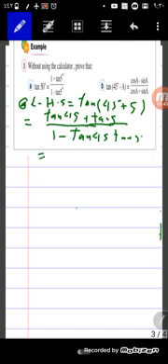Tan 45 equals 1, so it equals 1 plus tan 5 over 1 minus 1 multiplied by tan 5, which is 1 plus tan 5 over 1 minus tan 5.